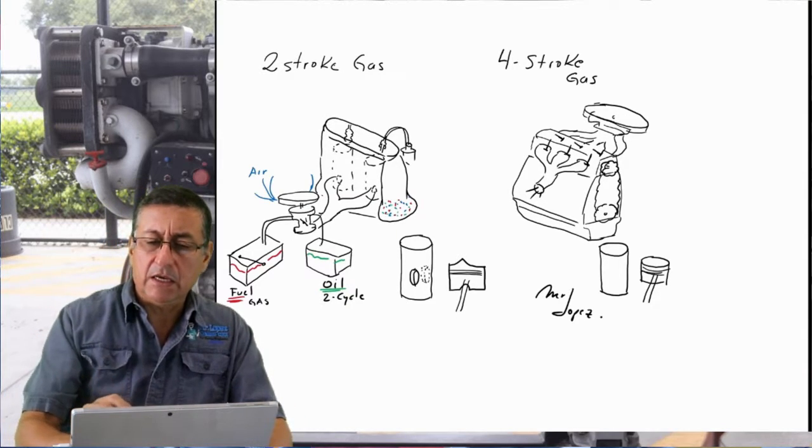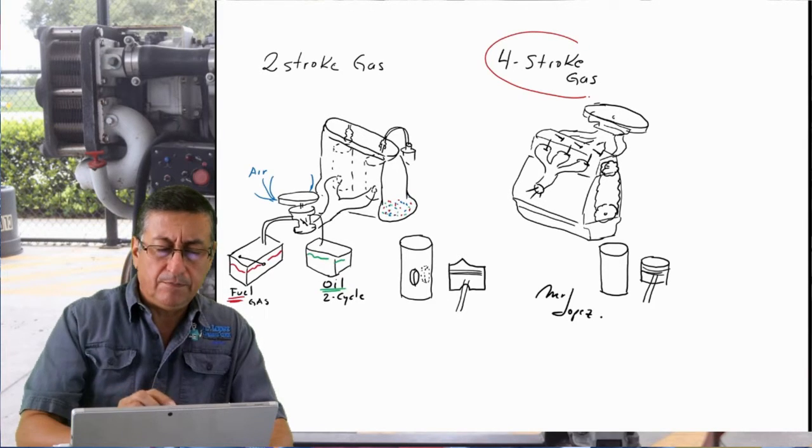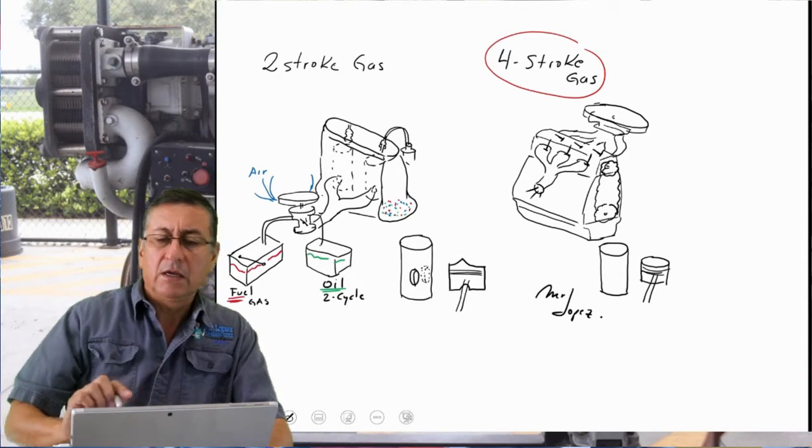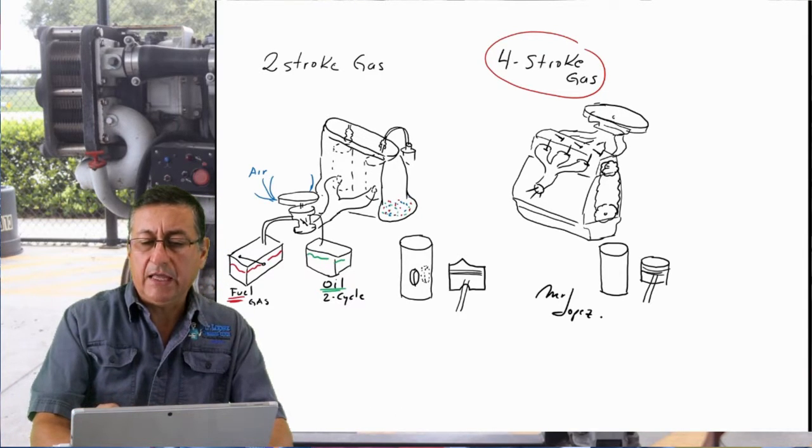If you remember, in a 4-stroke gasoline engine, we have the head, and on each side of the head you have an exhaust manifold and an intake manifold. This is the intake manifold. And on the intake manifold, you have the throttle body or carburetor, and on top you have the air filter. That's the air filter.